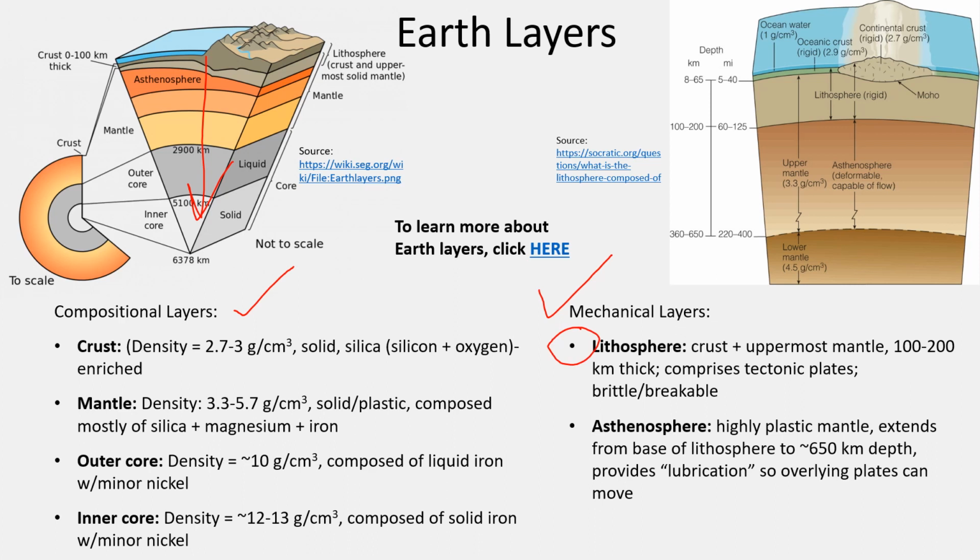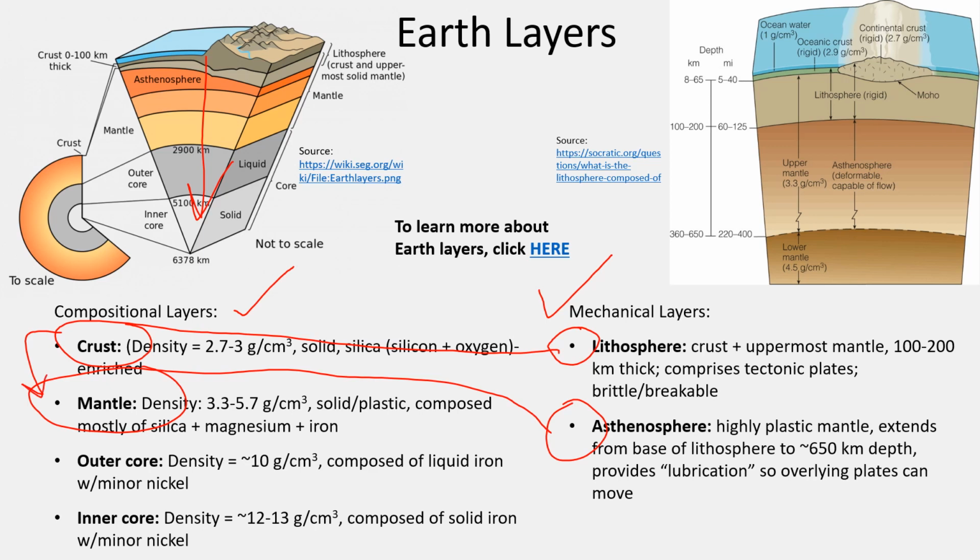The lithosphere is literally what cracks and breaks up into plates. And then that underlying, more mobile, highly plastic layer called the asthenosphere. The asthenosphere entirely occurs within the mantle, whereas the lithosphere includes portions of the crust and the uppermost mantle.